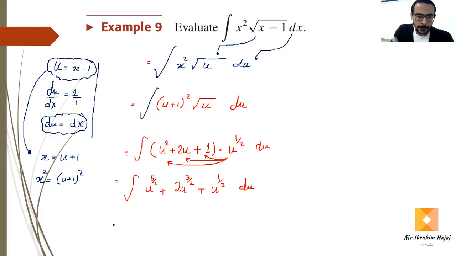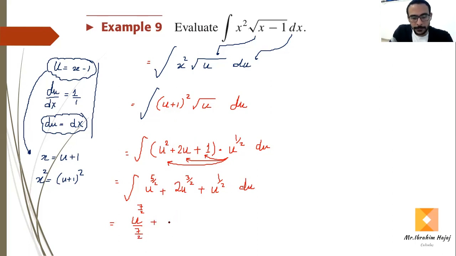Then we find the integral of each one. The first one is 5 over 2 plus 1, which is 7 over 2, u to the power of 7 over 2 over 7 over 2, so times 2 over 7.